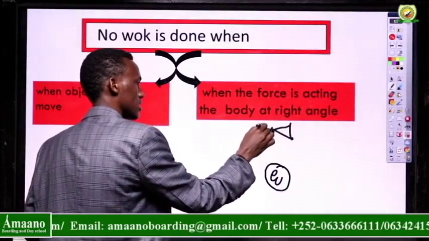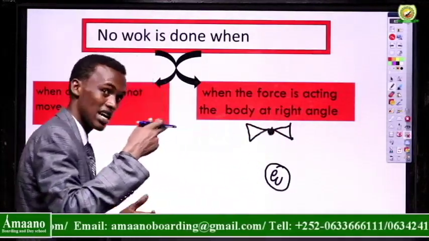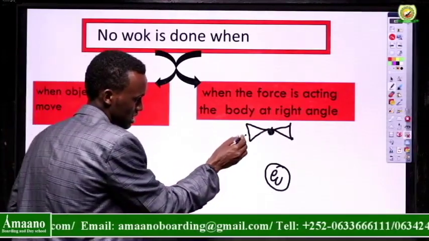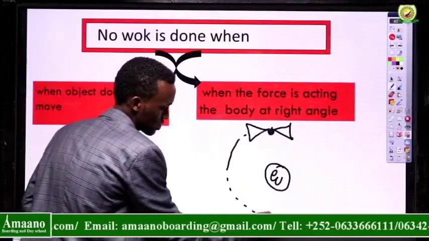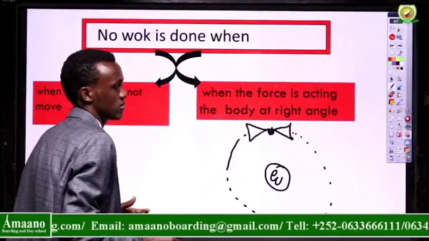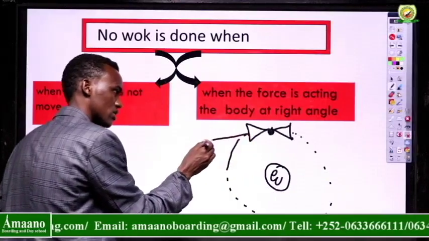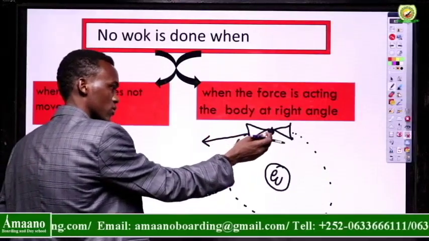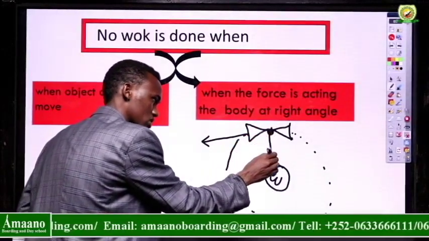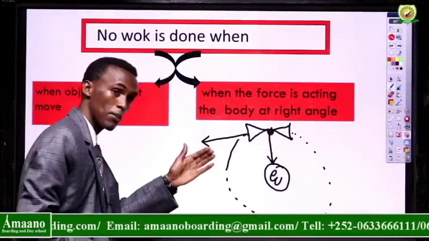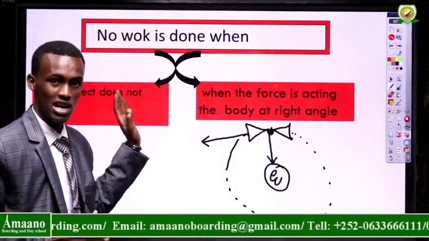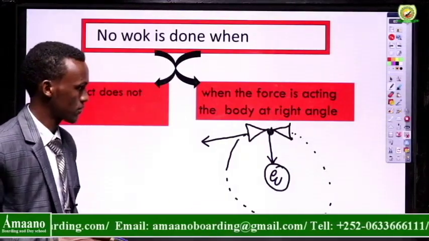The satellite revolves around the earth. This is the direction of motion of the satellite, and the gravitational force is downward. So they are perpendicular, they make 90 degrees, so no work is done.